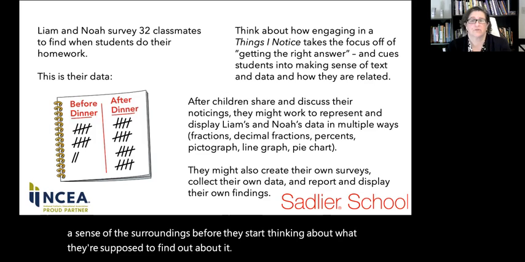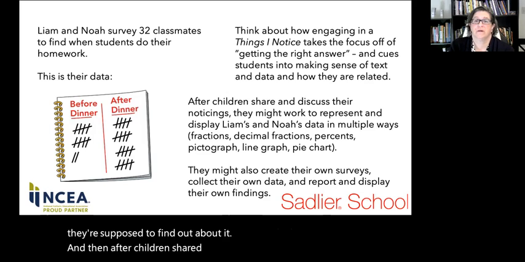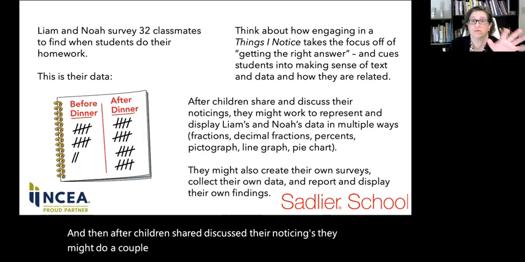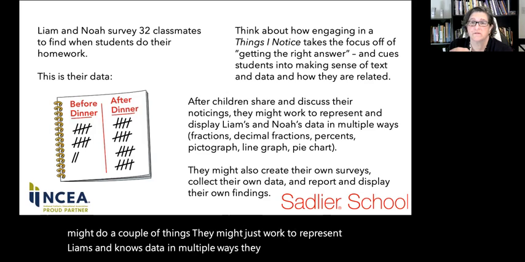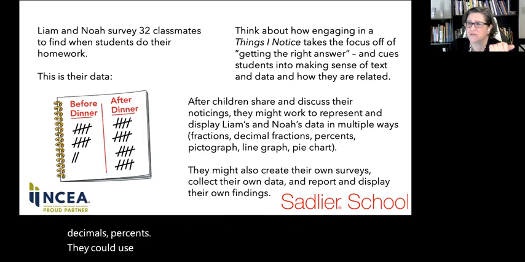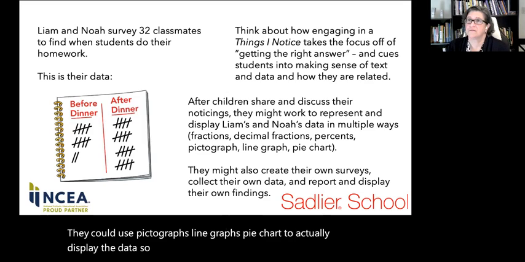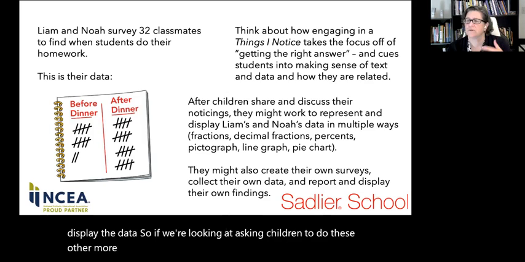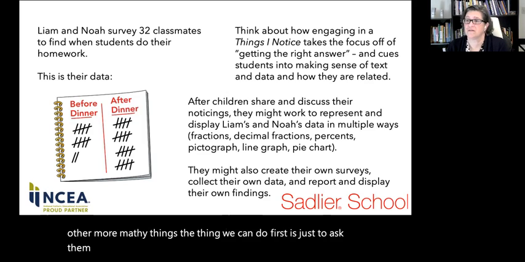And then after children shared and discussed their noticings, they might do a couple things. They might just work to represent Liam's and Noah's data in multiple ways. They could use fractions, decimals, percents. They could use pictographs, line graphs, pie charts to actually display the data. So if we're asking children to do these other more mathy things, the thing we can do first is just to ask them to sit with the context for a minute.